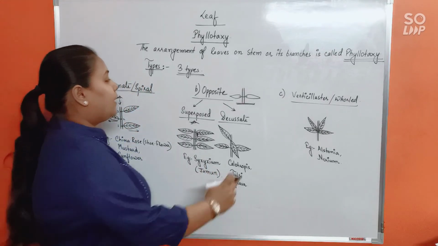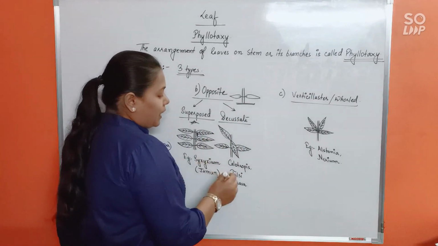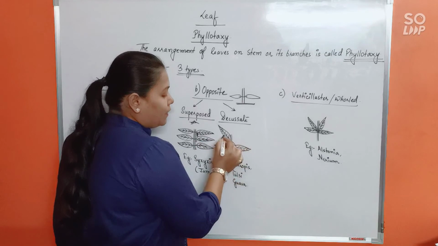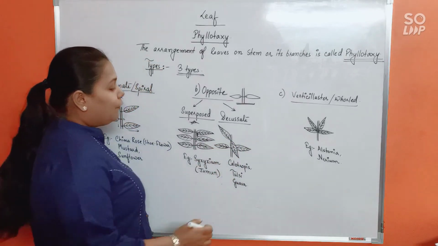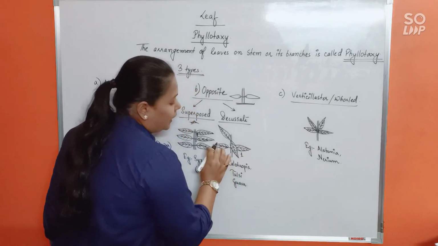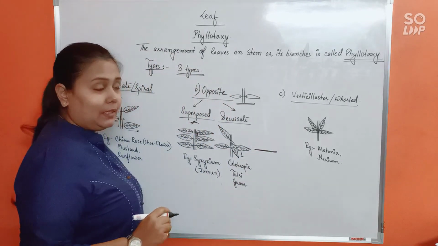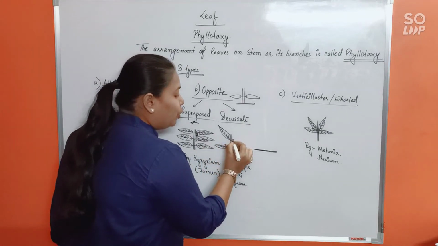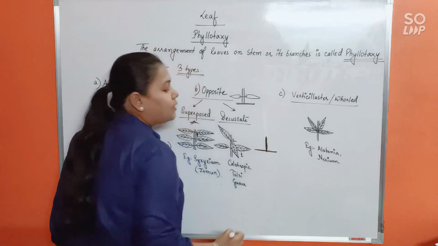Alright? Next, opposite decussate. In opposite decussate, again, two leaves are arising from each node, but this time, if from node 1 the leaves are at this angle, in that case from node 2 the leaves will be perpendicular like this.